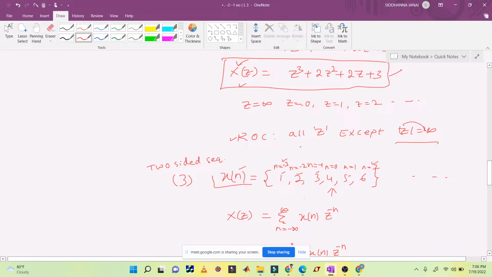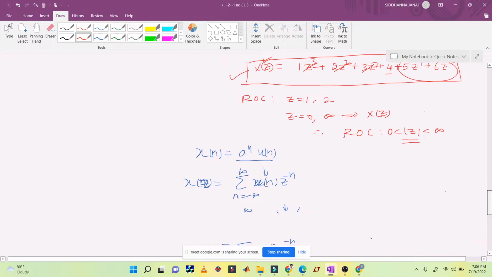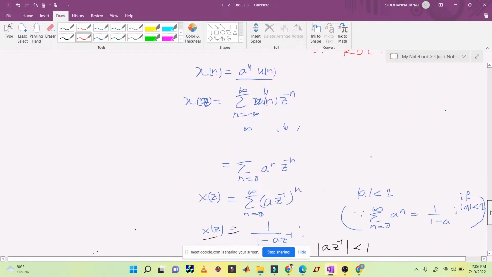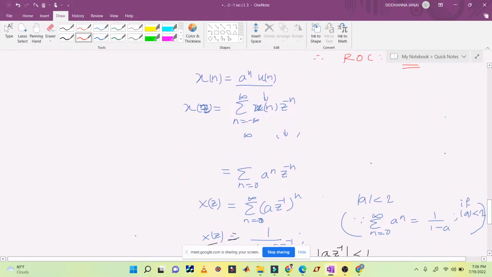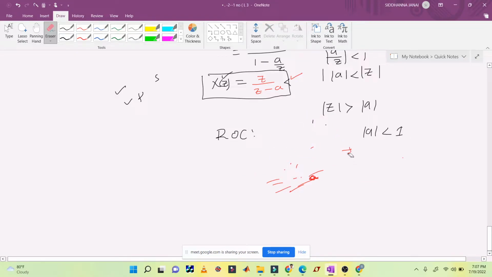Then double-sided sequence, ROC will be existing for all the values except 0 and infinity. Then we have seen a to the power n u of n. For this we have calculated the Z transform. I hope you remember these points. Okay, let us now go further.